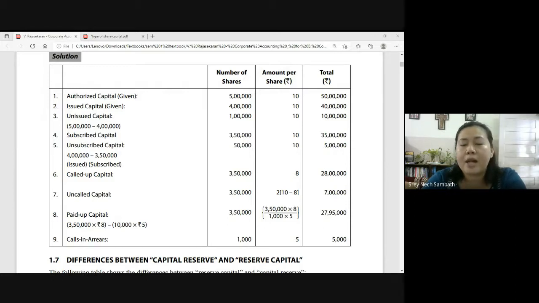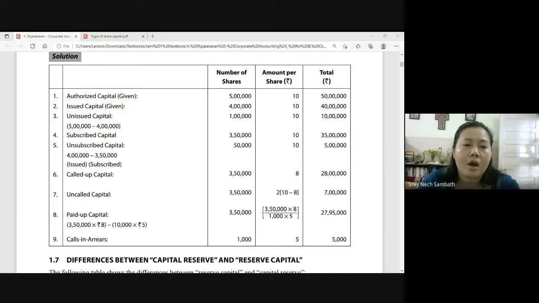So now you multiply the 3 lakh 50,000 by 10. So the subscribed capital amounts to only 35 lakhs rupees. So we can find the unsubscribed capital, right? The unsubscribed capital is the difference. So 5 lakhs is the unsubscribed capital.